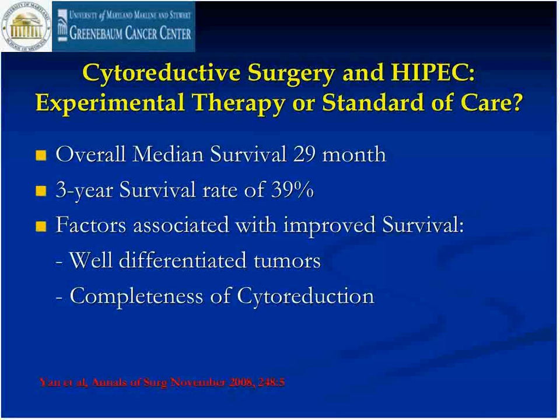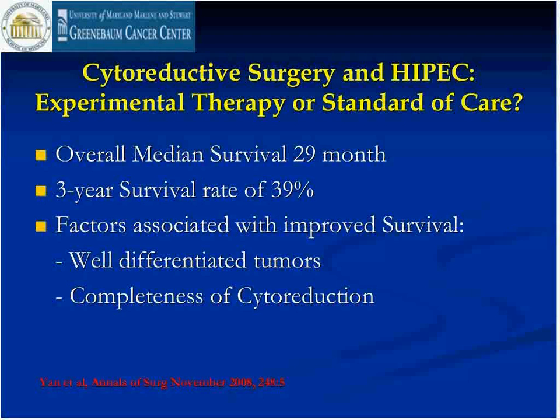And the most recent data that has been published regarding cytoreductive surgery and hyperthermic intraperitoneal chemotherapy is really to answer the question: is it really an experimental therapy or is it standard of care? When the data was looked at, and this was published in Annals of Surgery in November of 2008, the overall median survival was about 29 months.